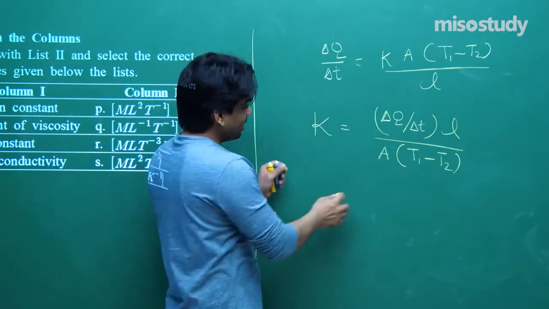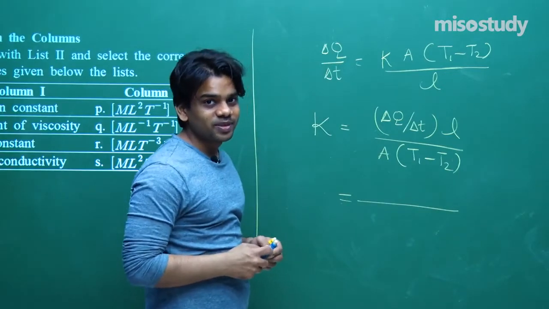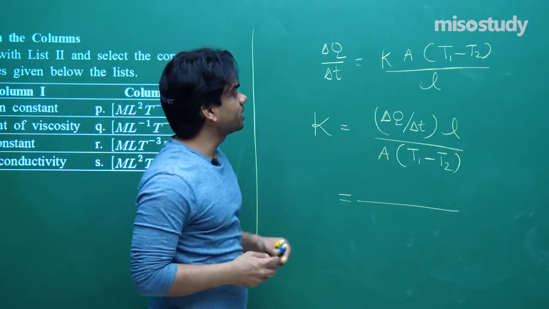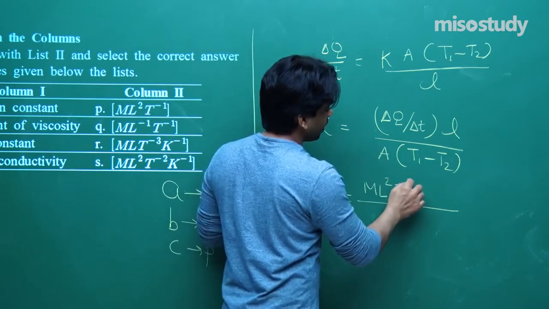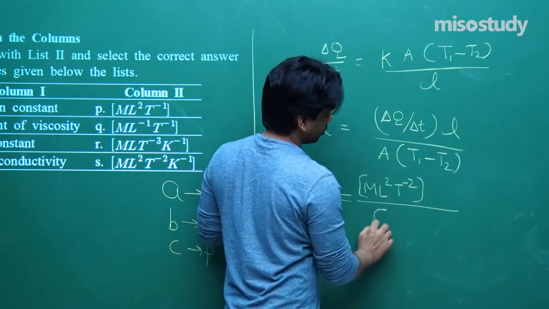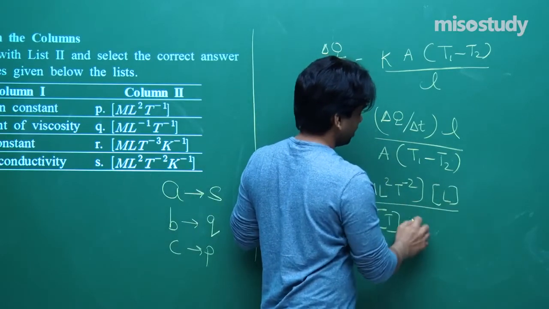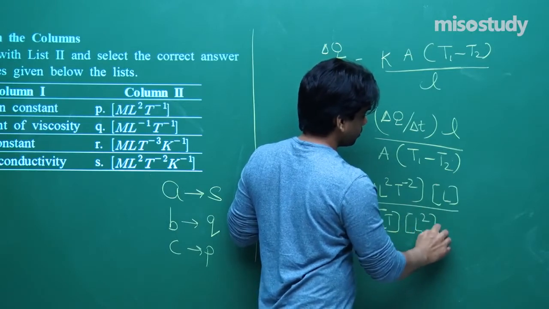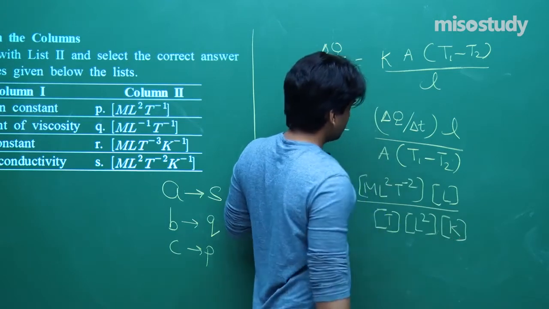Delta Q by delta T is energy per unit time. So if I write this, I'll be getting ML^2 T power minus 2 for energy, and in the denominator I have time, and length will be L, area as L power 2, and then T1 minus T2 will go as Kelvin, K. Let's simplify this.